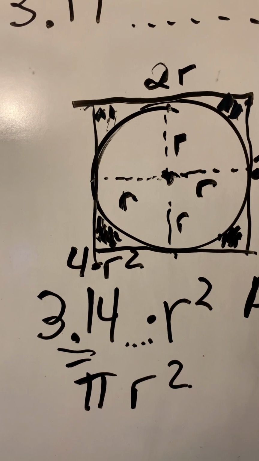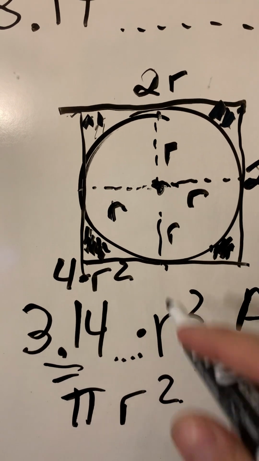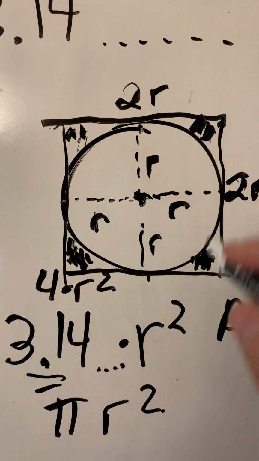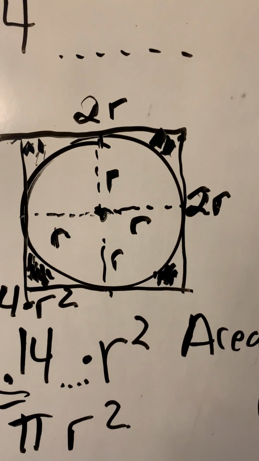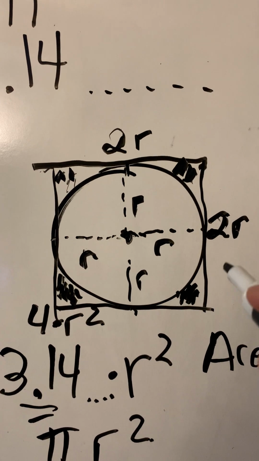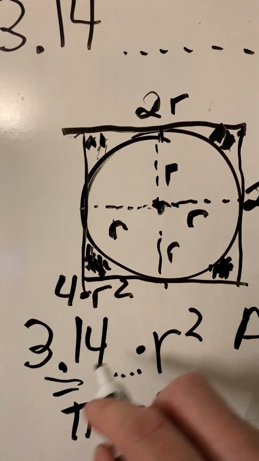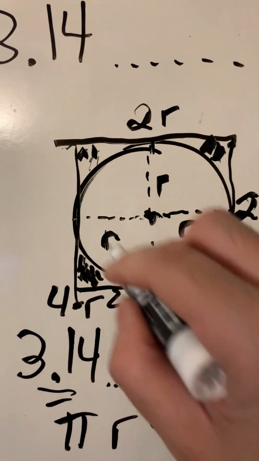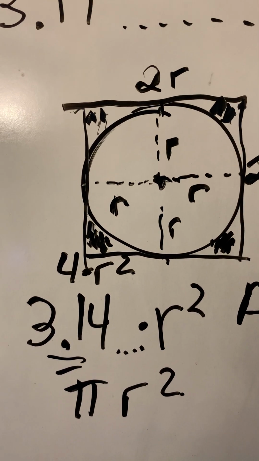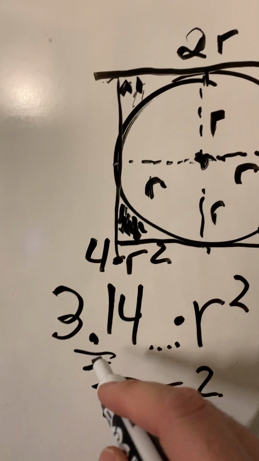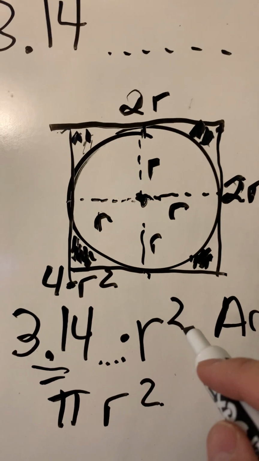All right, so that's one way to sort of remember it: it's almost like a square with sides 2r and 2r, 4r squared, but slightly less, and it's only 3.14, or this pi r squared. So that's one way to think about it, and you start seeing the relationship of pi, 3.14, to the dimensions of a square.